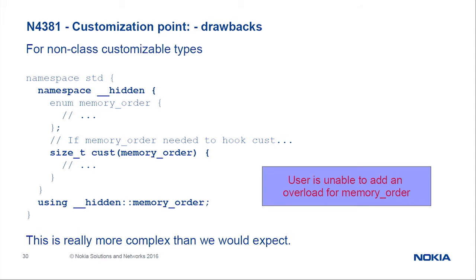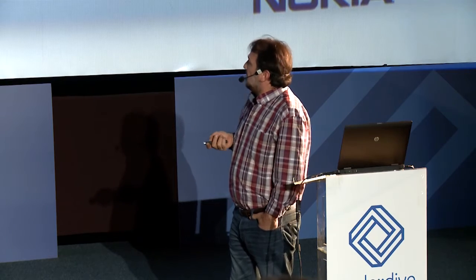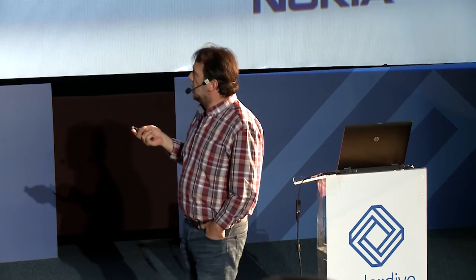This means that the user will not be able to find this type. We don't know in which namespace it is. It is in this hidden namespace. Then we will be unable to customize anything for these enumerations. I believe we don't have cases yet because we don't customize enumerations very often, but anyway, I would say we don't have the problem yet.